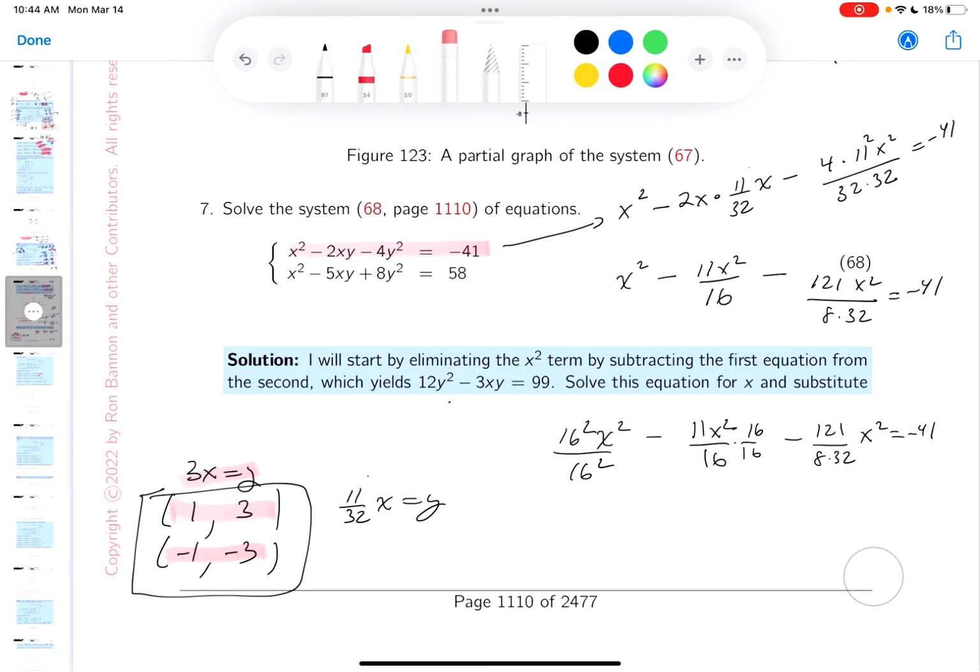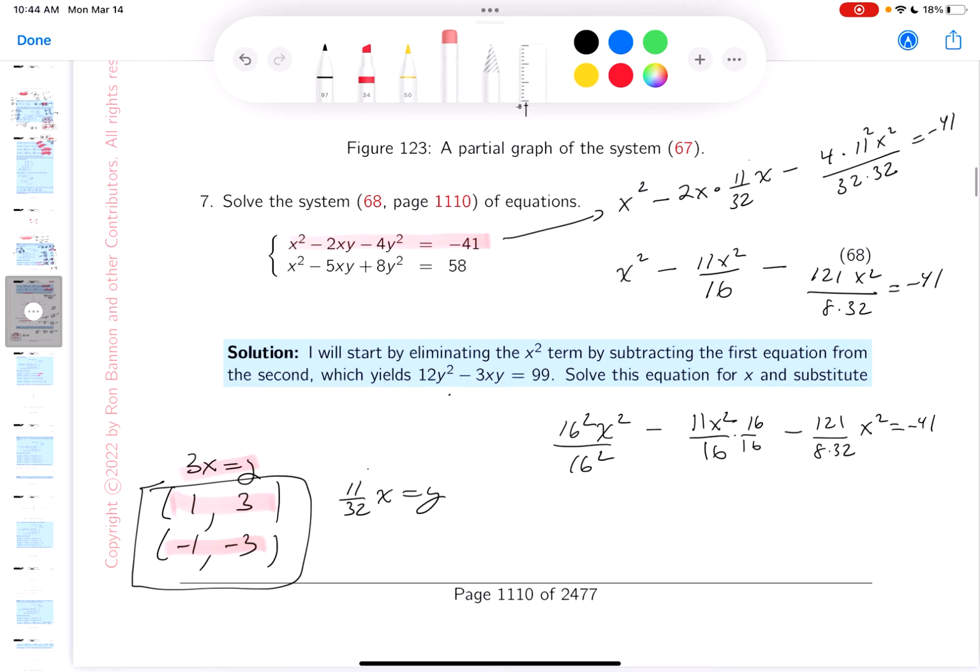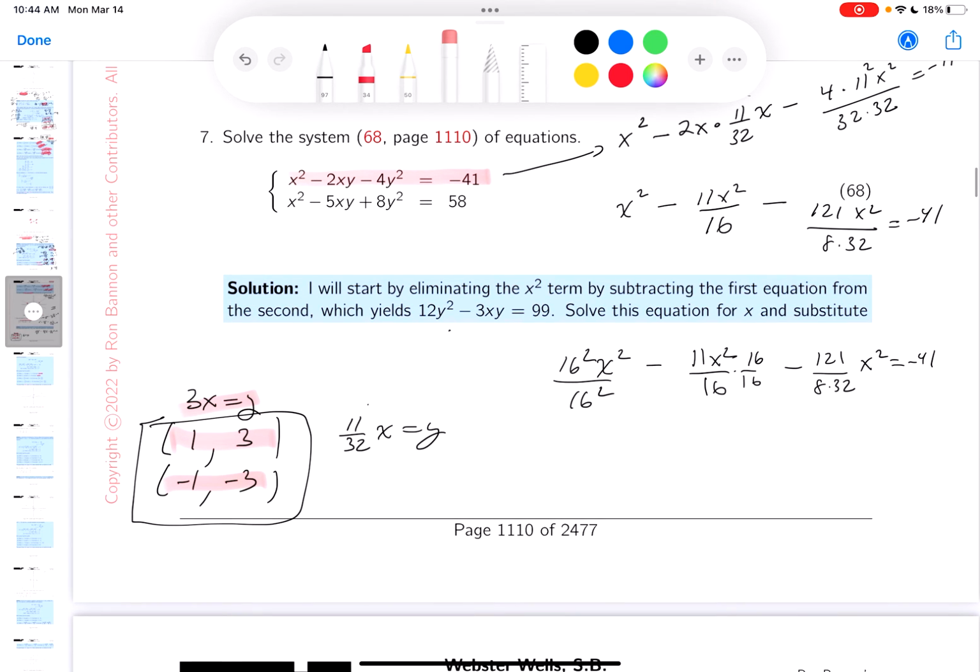Get my eraser out. I am going to multiply both sides by 16 squared. Minus 11 times 16 x squared minus 121 x squared equals 16 squared times 41, but it's minus.